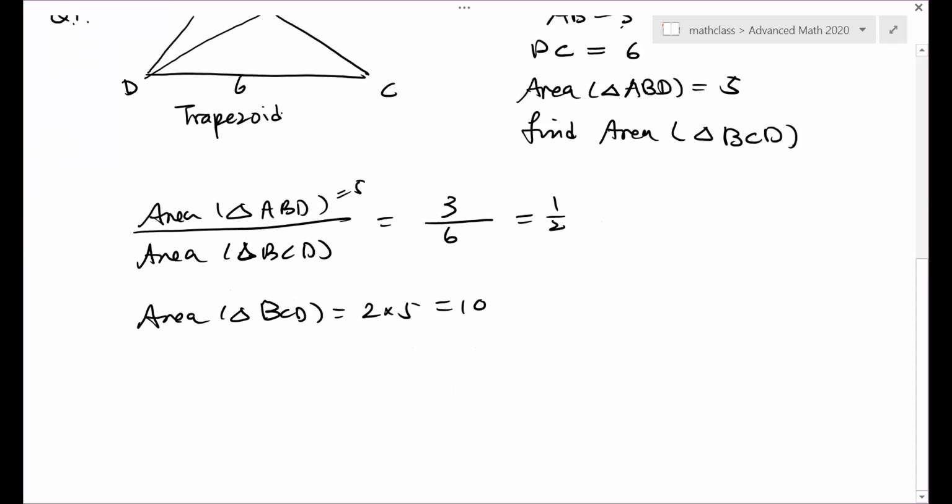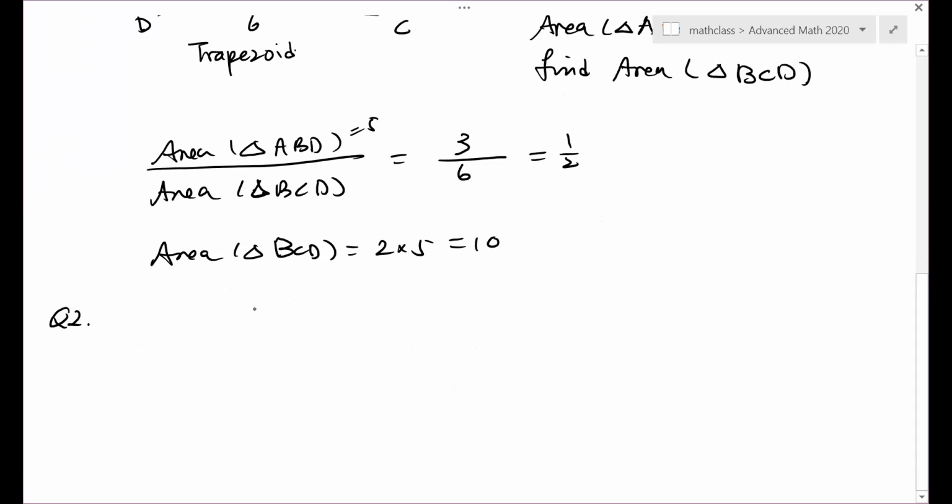Another problem I want to discuss is a triangle like this, which is actually going to be an equilateral triangle, with sides 2, 2, and 2, and this one I draw as 3.